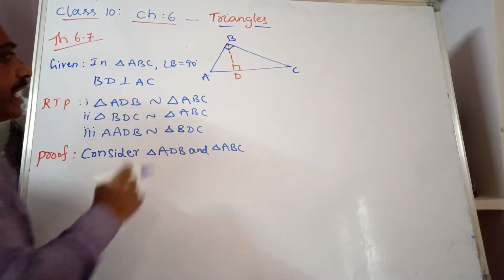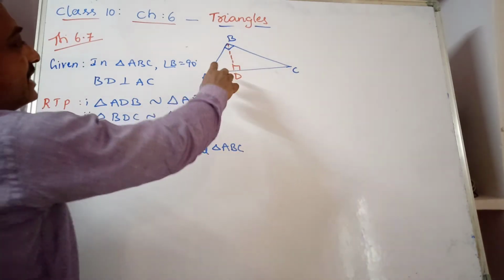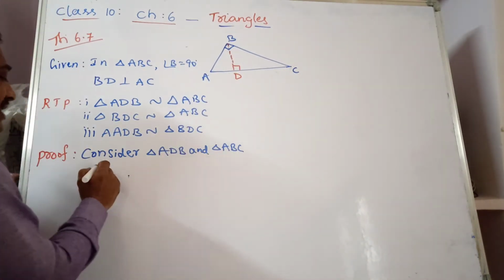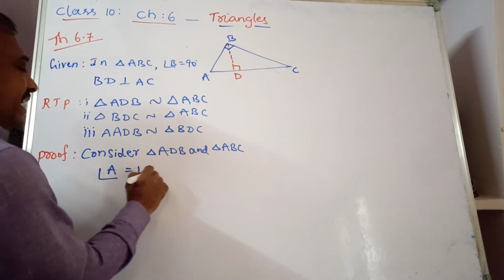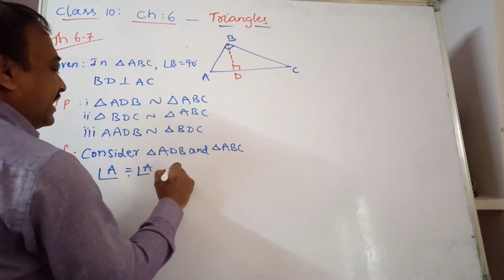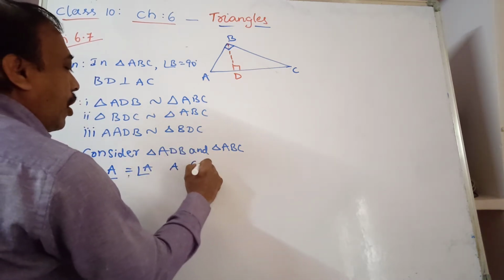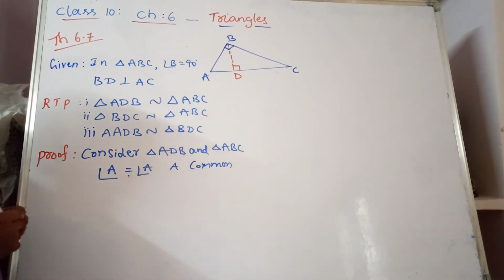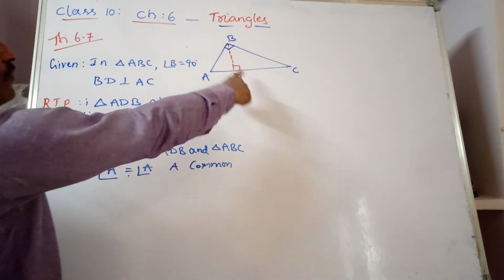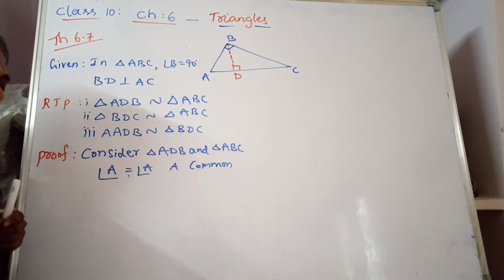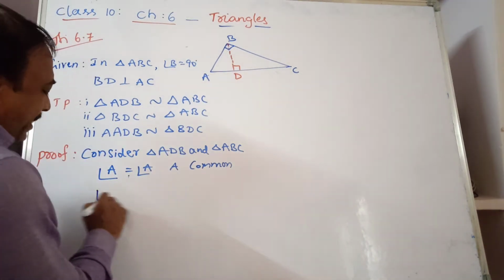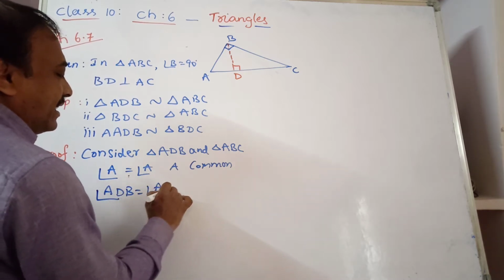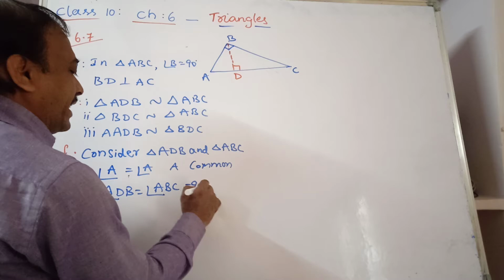As we know, observe it, in both the triangles ADB and ABC, angle A is common in both. So angle A is equal to angle A, that is the common angle. Next, in both we have a 90 degree angle, that is a right angle. So angle ADB is equal to angle ABC, which is equal to 90 degrees.